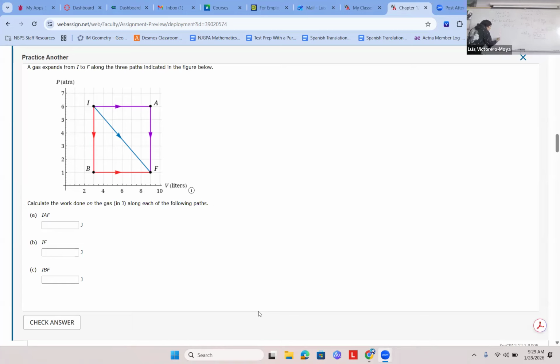For IF, which is a slanted line, you are going from this point I to this point F. You are just looking at the area under the curve. So you're looking at this area. That's what you're looking at. You're looking at the area under the curve.